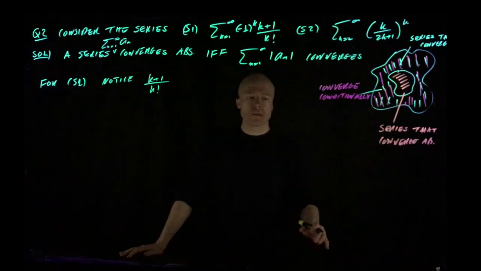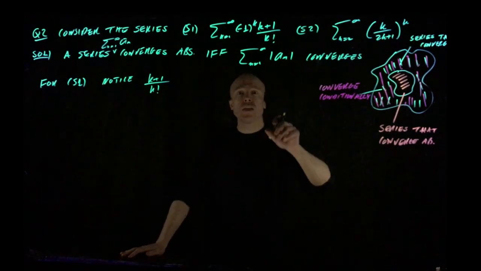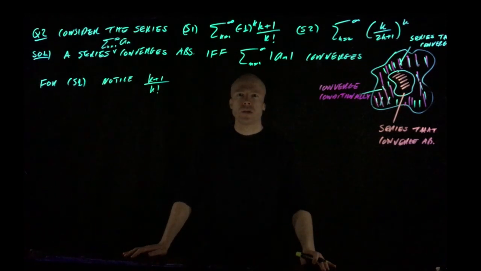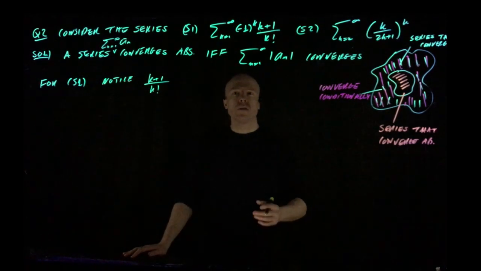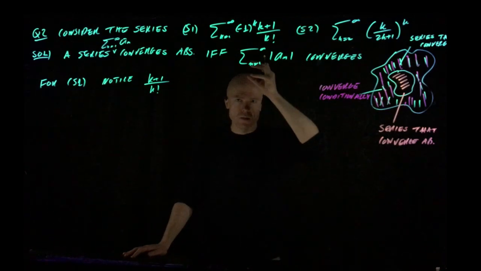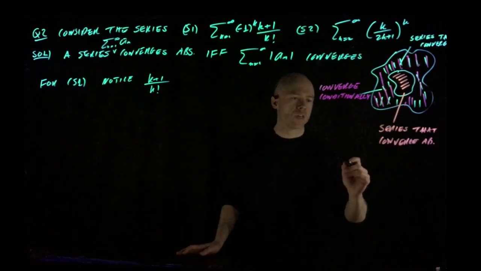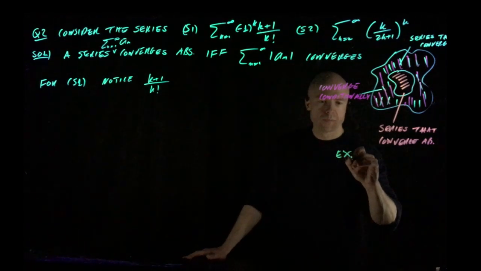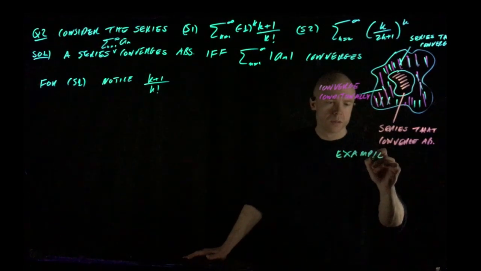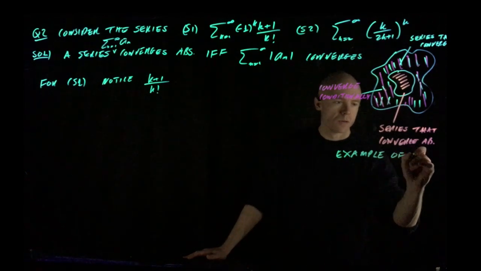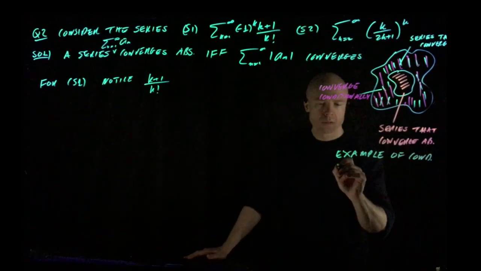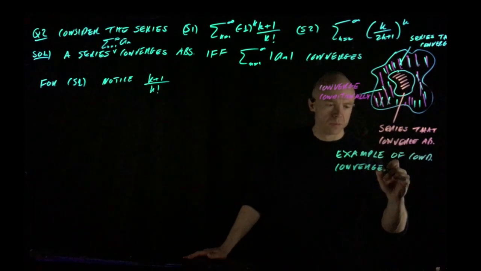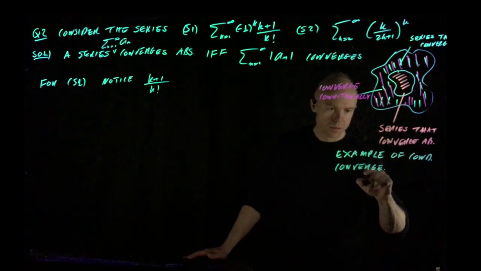So if it goes to 0 incredibly fast, and we take the absolute value of the terms, then it is going to converge still, right? Things will converge conditionally only if, when we take the absolute value, it no longer converges. So a classic example of conditional convergence, we build it up out of our friend, the sum of 1 over n.